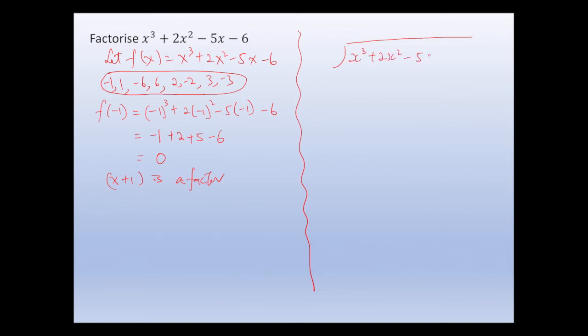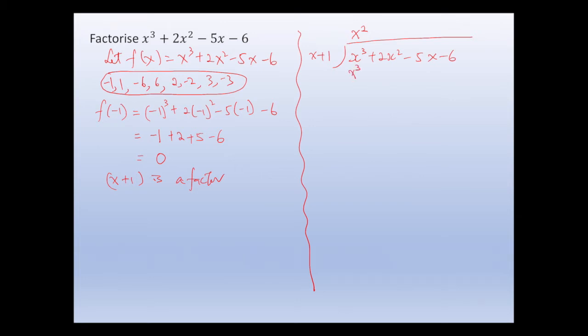Now let's do long division. If you can remember long division, you should. What we are going to do is divide x cubed plus 2x squared minus 5x minus 6 by x plus 1.